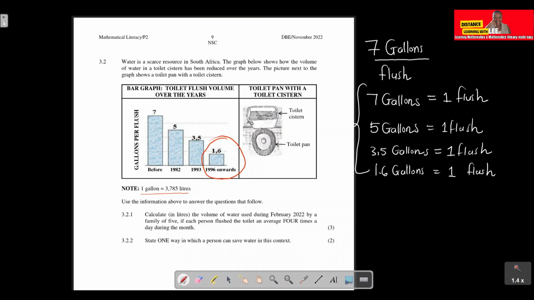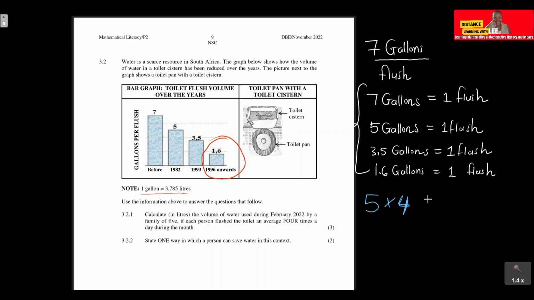So how can we go about answering this question? We are told that this is a family of 5, so it's a family that has 5 people, and each person flushes the toilet an average 4 times a day. So we've got 5 people, and each of these people flush the toilet 4 times. So 5 times 4 will tell us how many times this family flushes the toilet in one day.